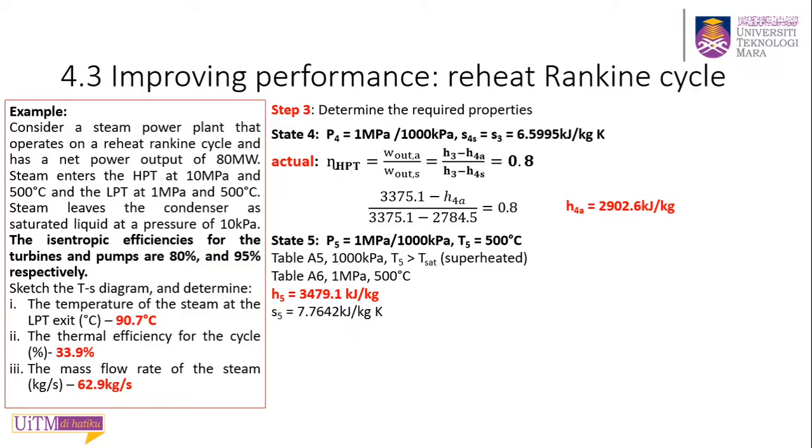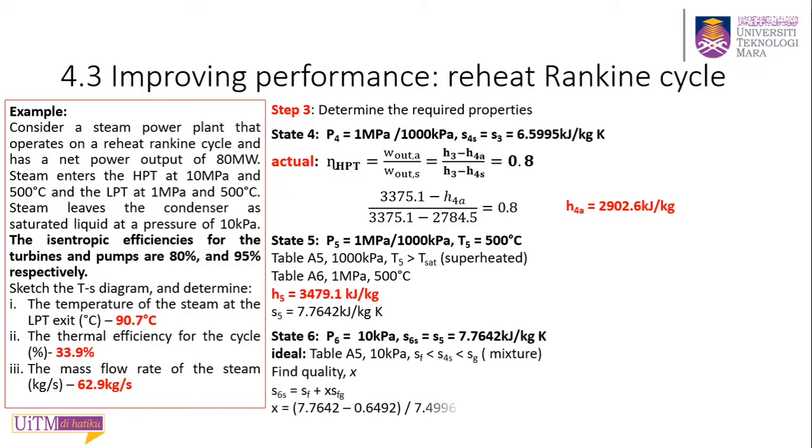Now at state 6, since there is an isentropic efficiency here at the low pressure turbine, we must solve for the ideal process first, and using the required properties, we can solve for the ideal specific enthalpy at state 6. Now, as you can see, the phase is a mixture, so we must use the equation for mixture to find the ideal specific enthalpy.